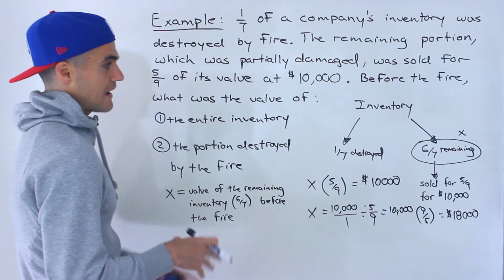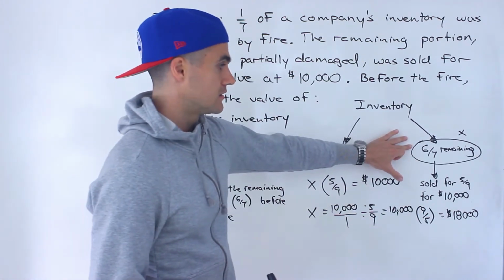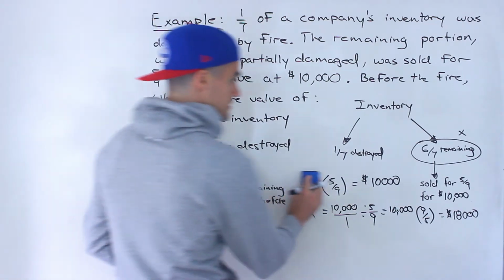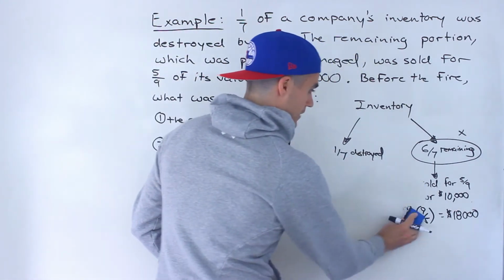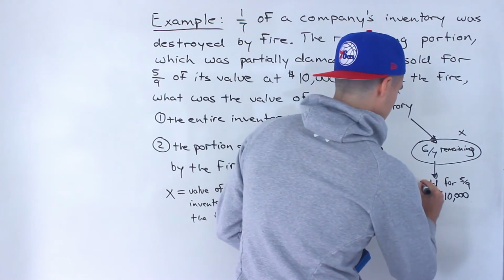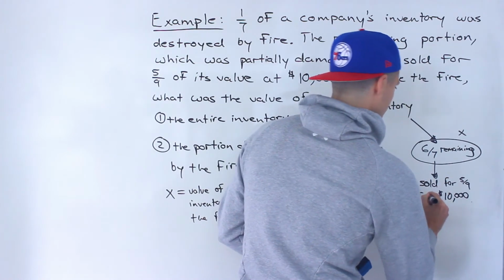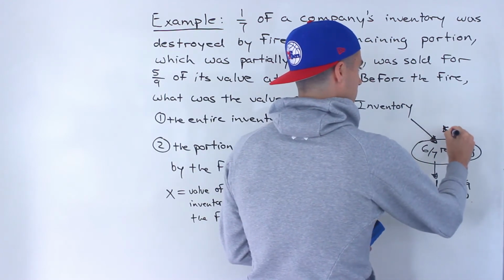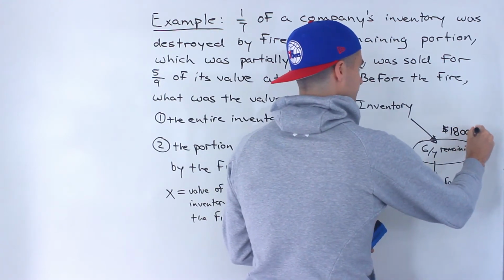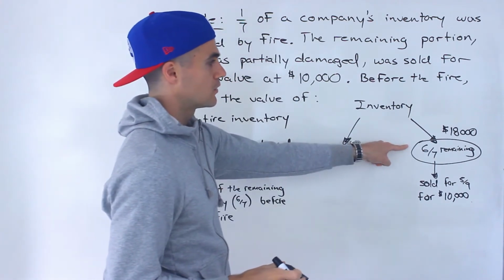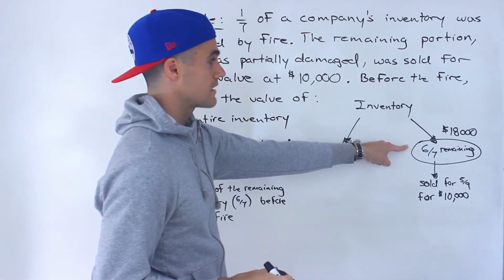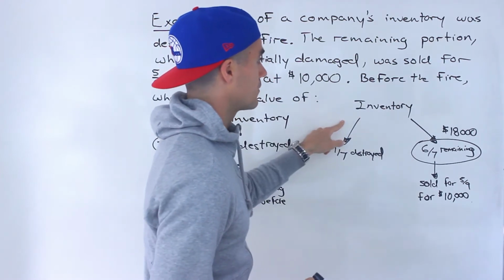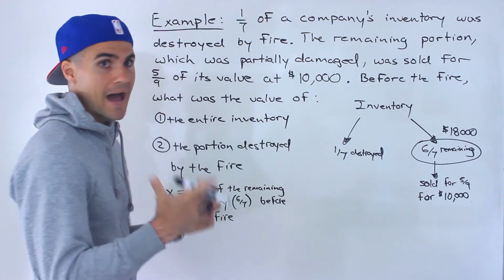So that's the value of this portion before the fire, 18,000. You could even think about these first two arrows in terms of the mass of the inventory.